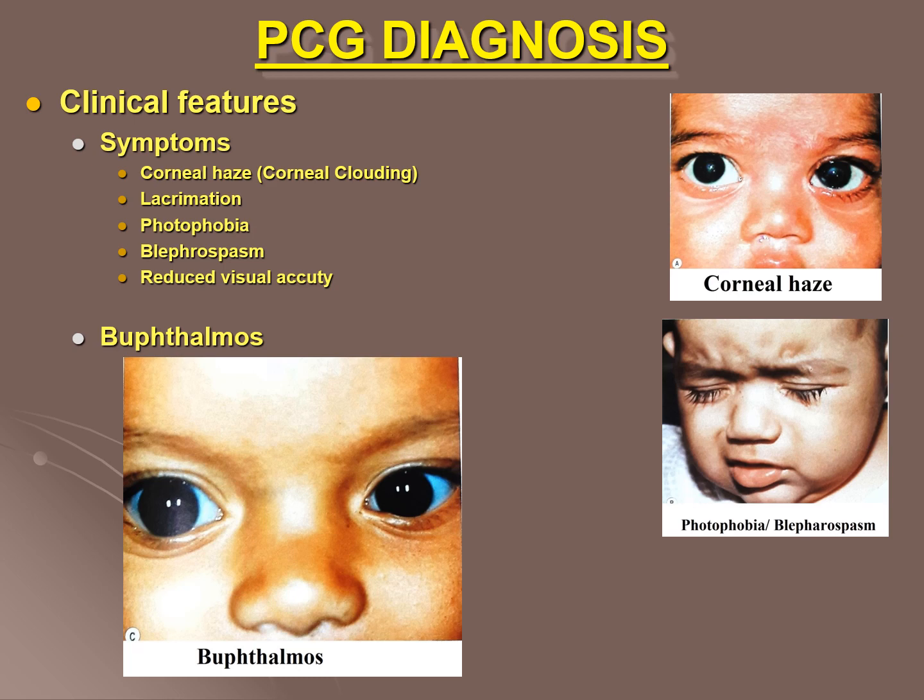The neonate cannot open the eyes in the light, blepharospasm and reduced visual acuity. And of course, the patient has bulge-like bluish eyes, bigger eyes. Here you can appreciate the corneal haze, blepharospasm and photophobia in a case of congenital glaucoma.